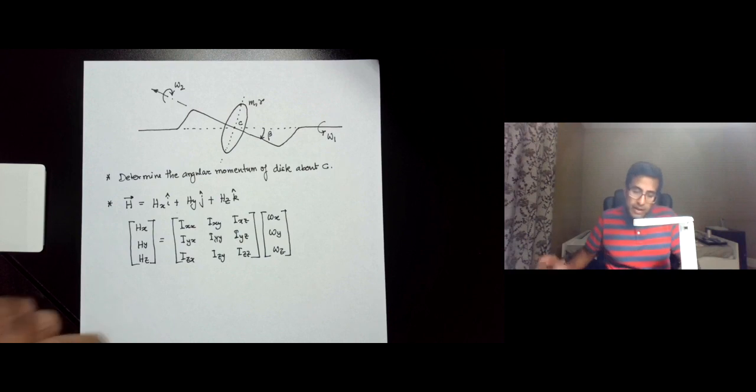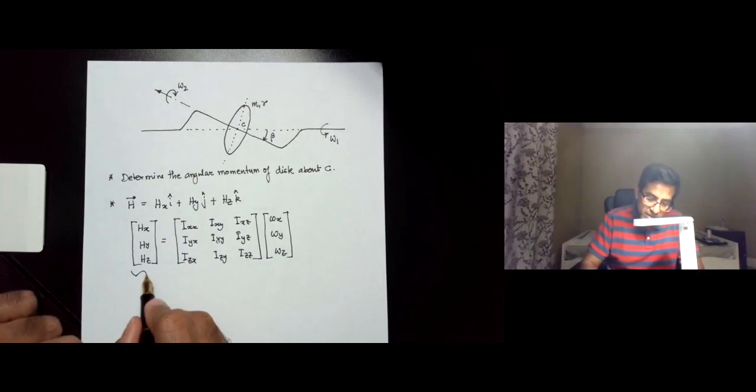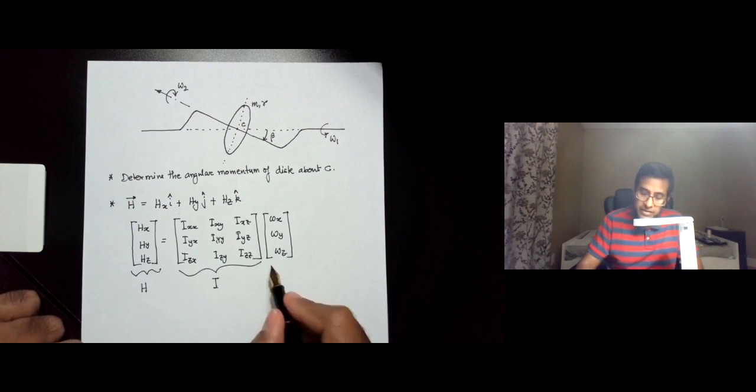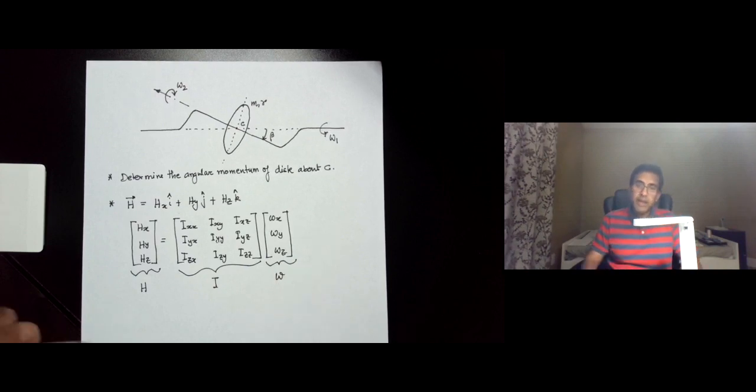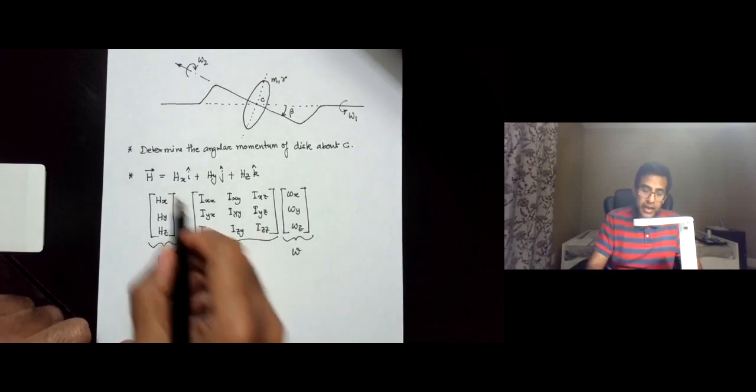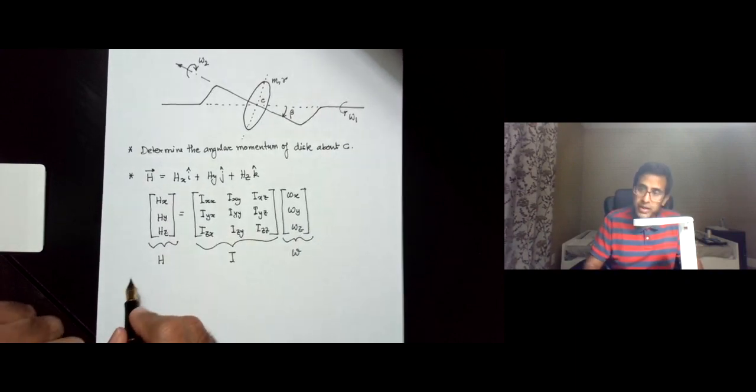Okay, so this is essentially the h. This is our moment of inertia matrix, and this is the angular velocity. Okay, and when we carry out this multiplication and we express it in terms of the vector, what we get is the following.